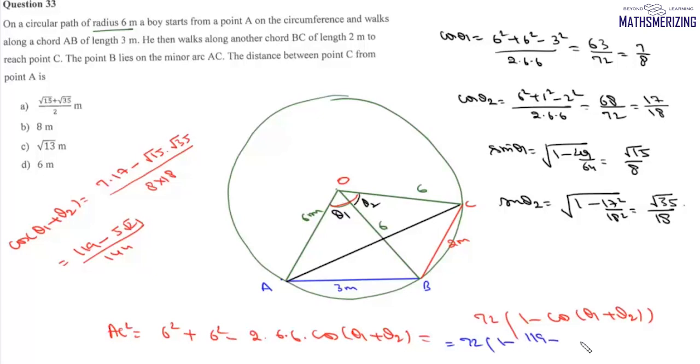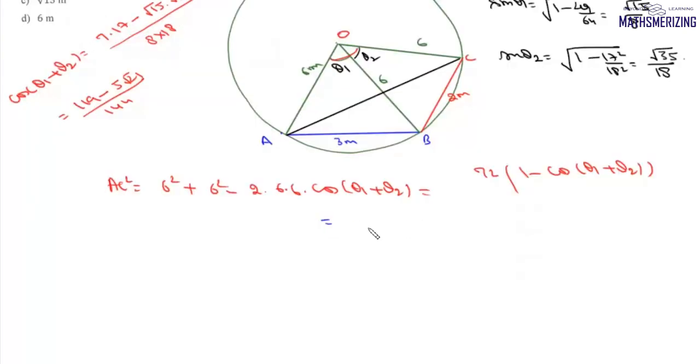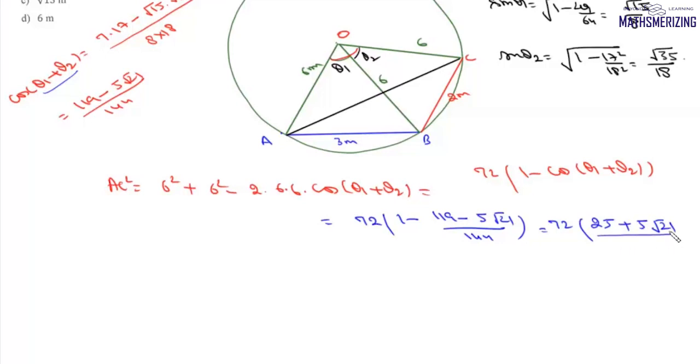It is 119 minus 5 root 21 upon 144. So there'll be 72 and then 144 minus 119, so it'll be 25 plus 5 root 21 upon 144.